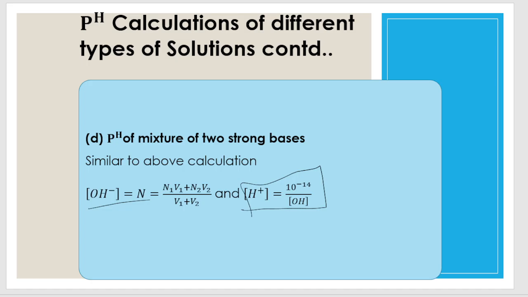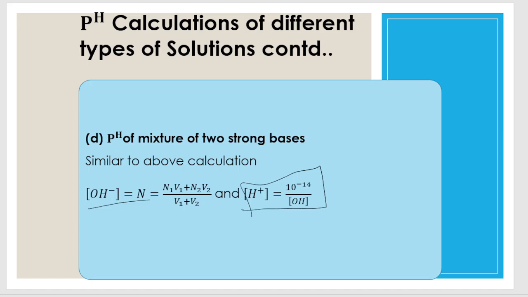Right? Now, what will happen if we add acid and base together? The one with the higher concentration will remain at the end in the solution and the lesser part will be neutralized.